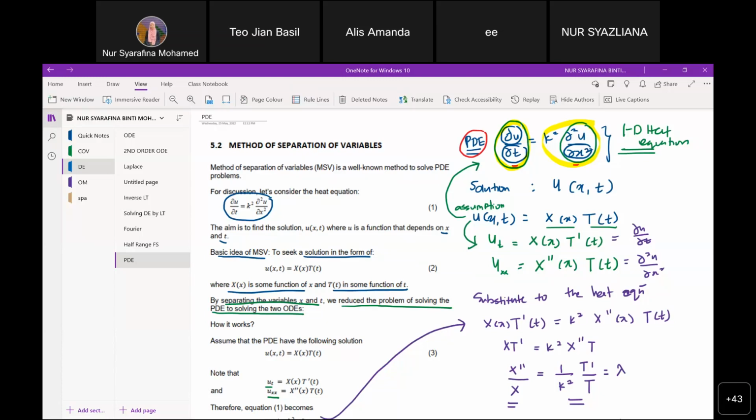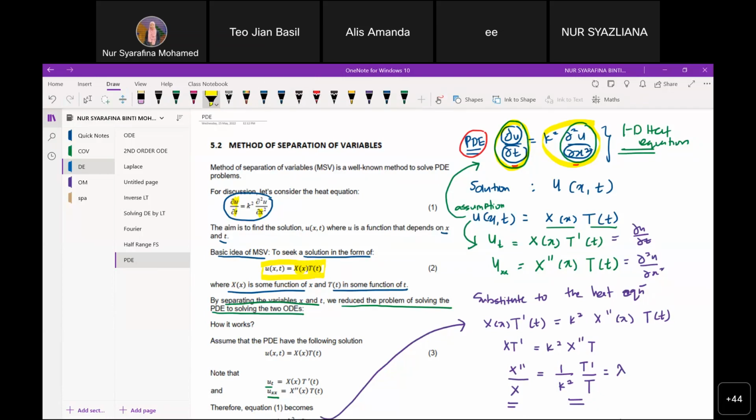So first, let's consider one example where this is the heat equation. Now you can see this heat equation involves u, x, and t. So you expect that the solution should involve x and t. So the expected solution is in terms of x and t, where X is some function of x and T is some function of t.